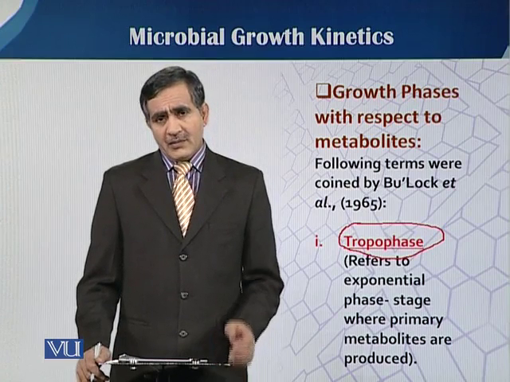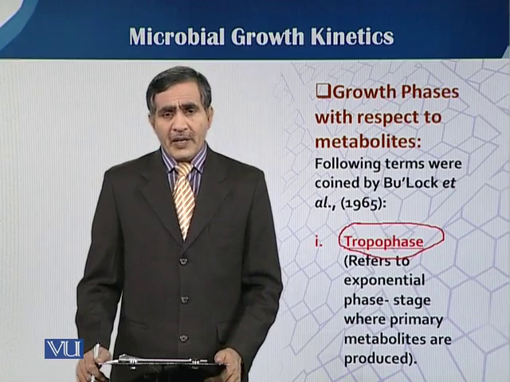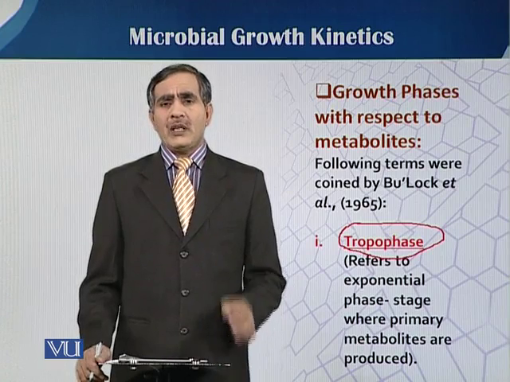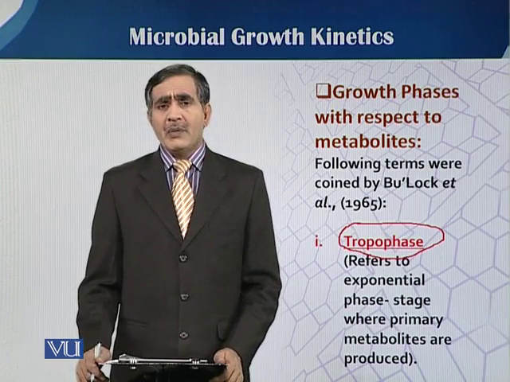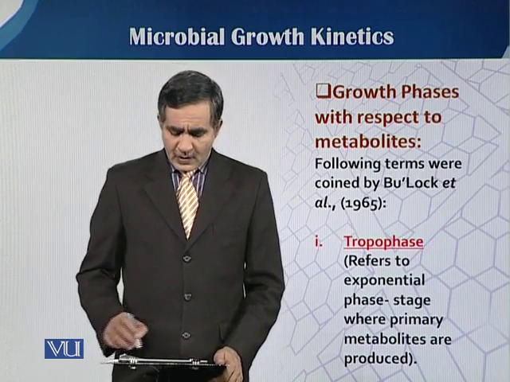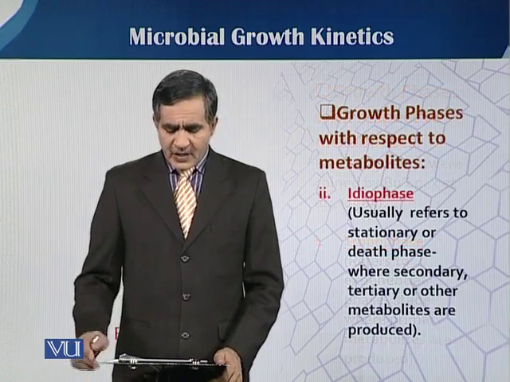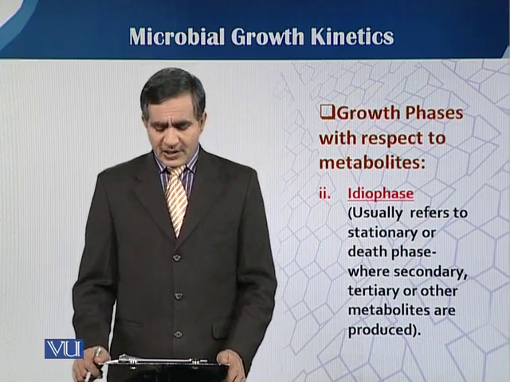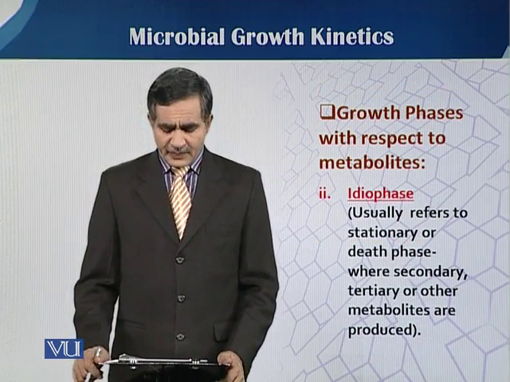The first one, which I have already told you, is tropophase, the phase in which only the primary metabolites will be produced. As concerned the idiophase, it usually refers to the stationary or the death phase.